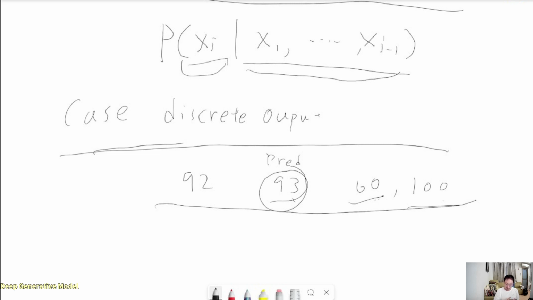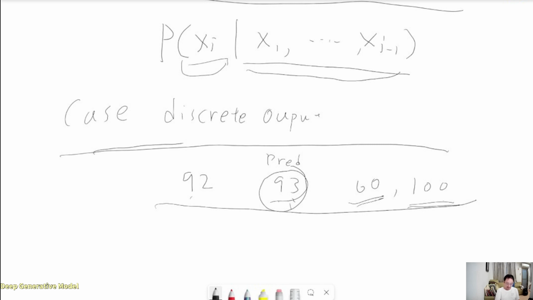Although you might feel, okay, you are just unlucky, you just missed by one number, in the rules they are just different symbols. 93 is not closer to 92 than 60 or 100 if you are buying a lottery.